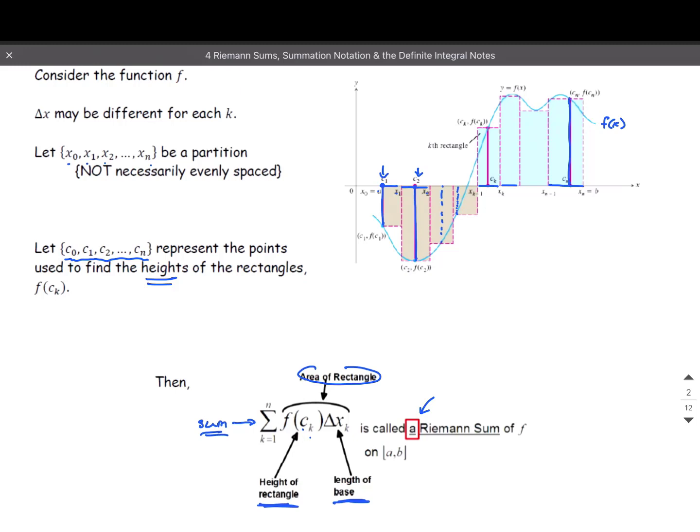It's a Riemann sum, not the Riemann sum, because there are many possibilities. There are an infinite number of ways you can break up the entire interval, and an infinite number of ways that you can then choose x values in each subinterval. So there are lots of different Riemann sums.